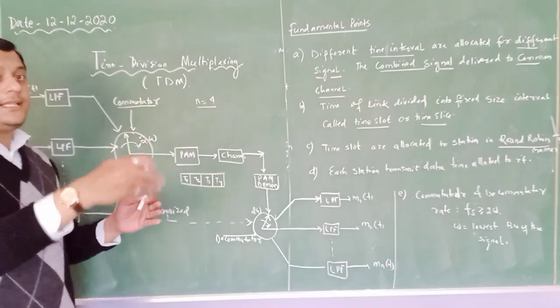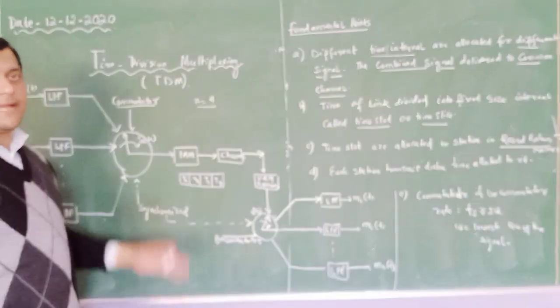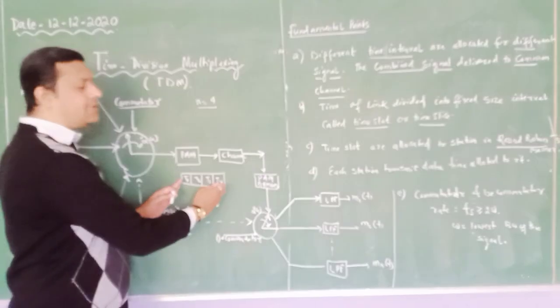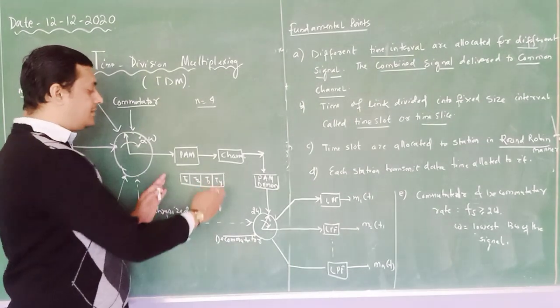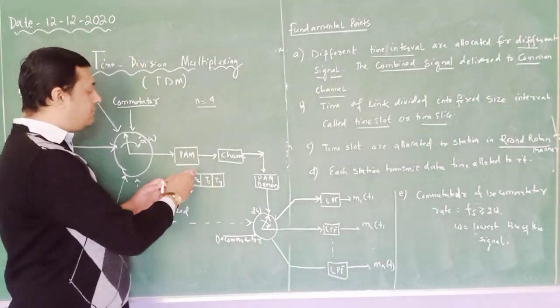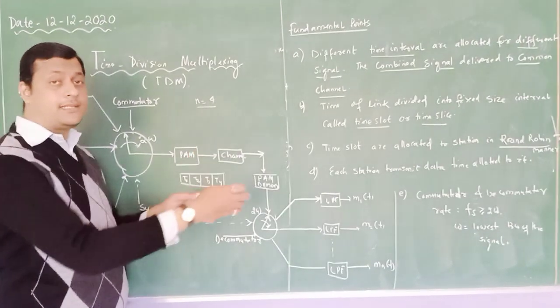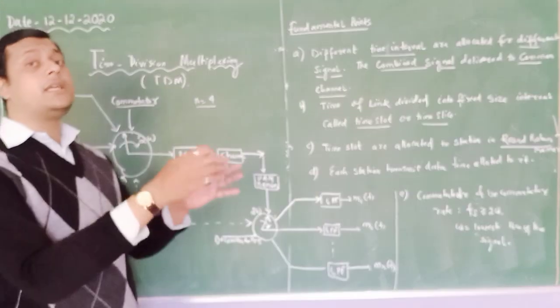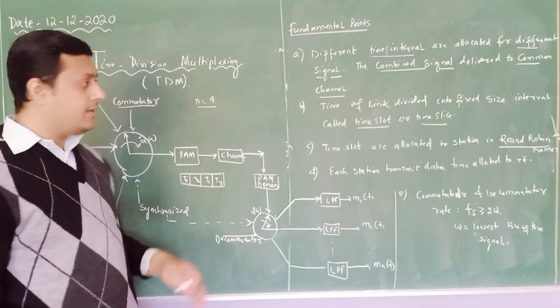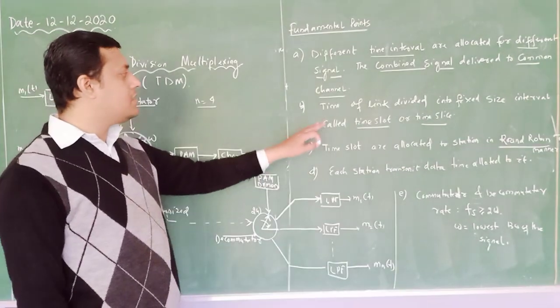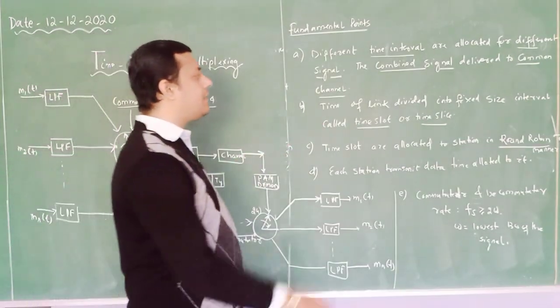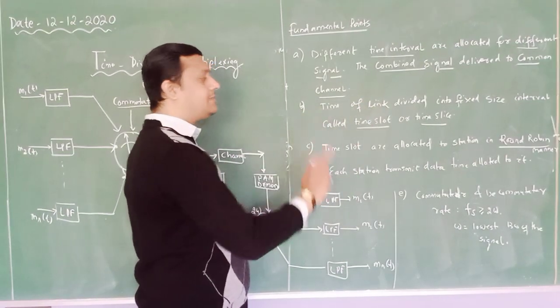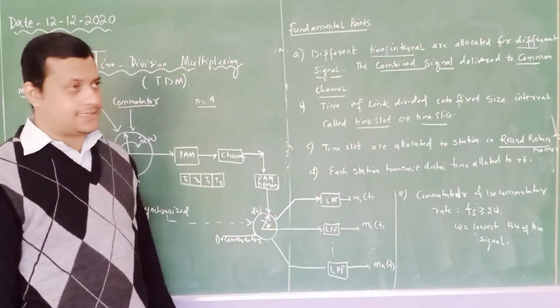While combining this signal into a certain time slot, it will look like this, and this is called a time slice. So time slice means each individual message component is given an equal time interval. So that is called our time slots.